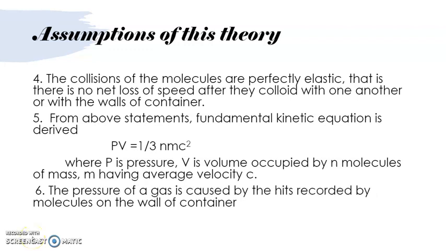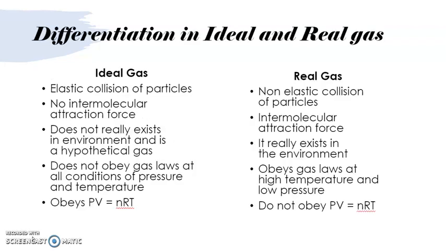And the last assumption is that the pressure of gas is caused by the hits recorded by molecules on the wall of the container. The pressure exerted by the gas is nothing but the number of hits recorded by the molecules on the wall of the container. So this is all about the assumptions of the kinetic molecular theory for gases.